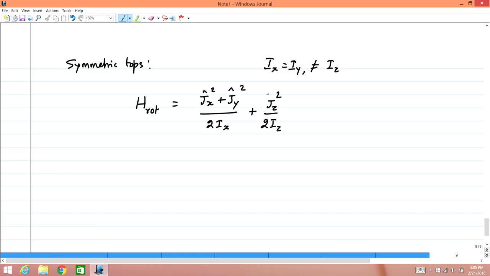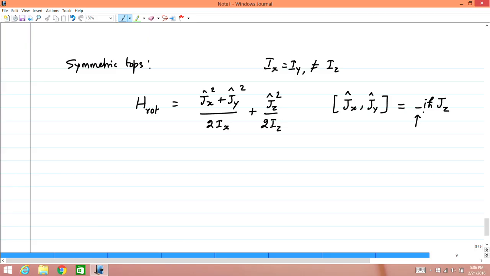This is the symmetric top Hamiltonian with the operators, and one must know that the angular momentum operators j x and j y do not commute in quantum mechanics, and these have a particular commutation relation, minus I h bar j z.